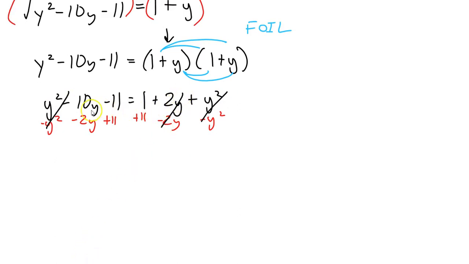Those are gone, and this is gone. So we've got negative 10y minus 2y, which gives us negative 12y. Here I've got 1 plus 11, which gives us 12.